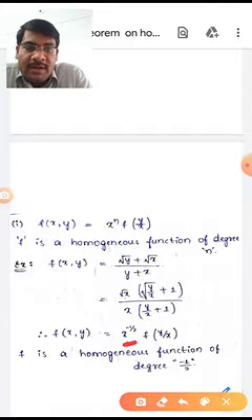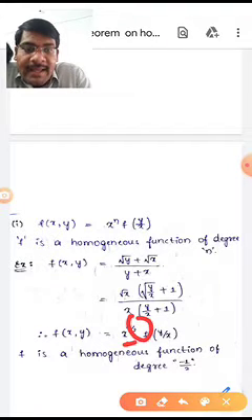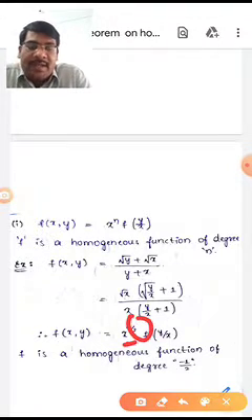This is in the form f of x comma y is equal to x power n f of y by x, with n equal to minus 1 by 2. So this is a homogeneous function of degree minus 1 by 2.